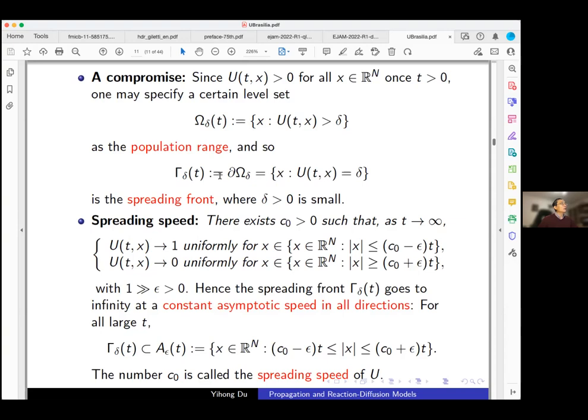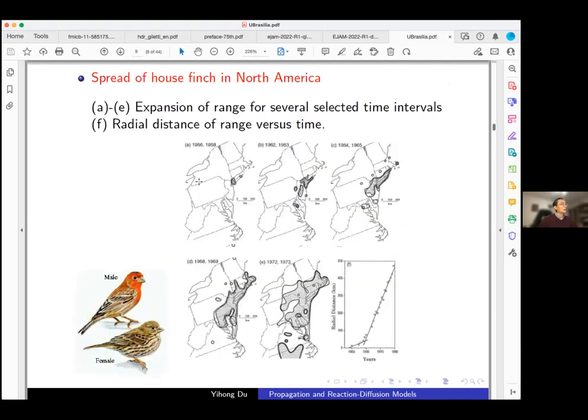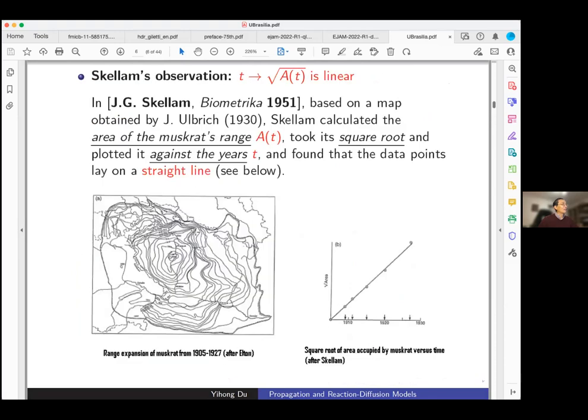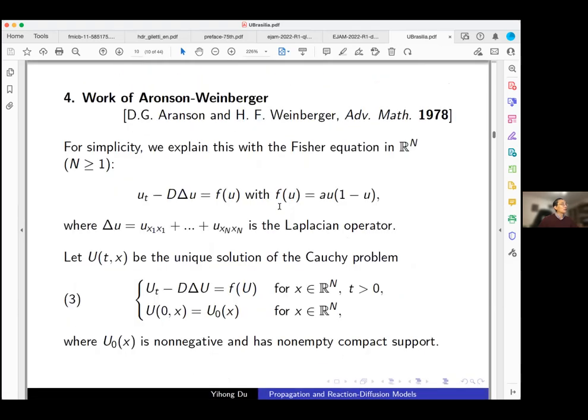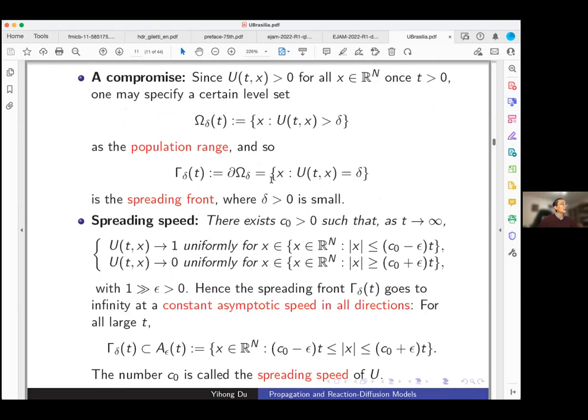Now, if we want to understand how this range boundary or spreading front evolves with the time, you look at these boundaries and see how they evolve, and you try to use this range radius, and then what can you say?